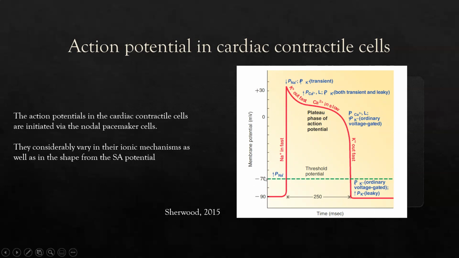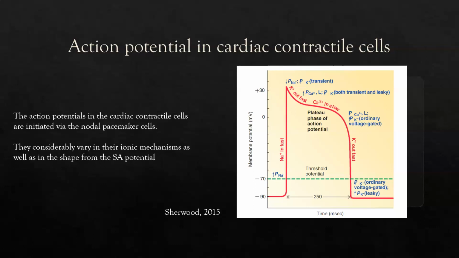I believe you can see my mouse, but here we can see this threshold potential of -70, and then here starting at -90, we see how the influx of sodium causes our rise to our positive 30 millivolts.